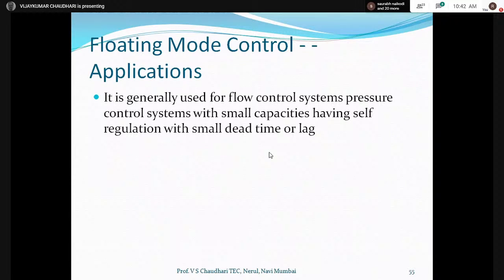But with outlet remaining the same, if inlet increases slightly, then the level of the tank increases, and it will overflow the tank. So this is a non-self-regulating type system. So these are generally used for self-regulating type systems with again small dead time or lag time, right? So flow control and pressure control systems.